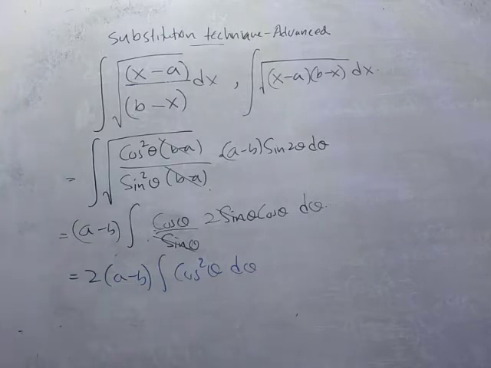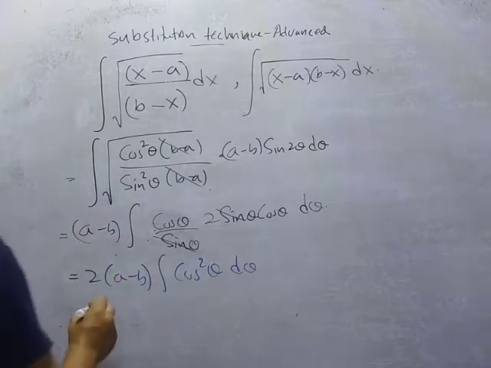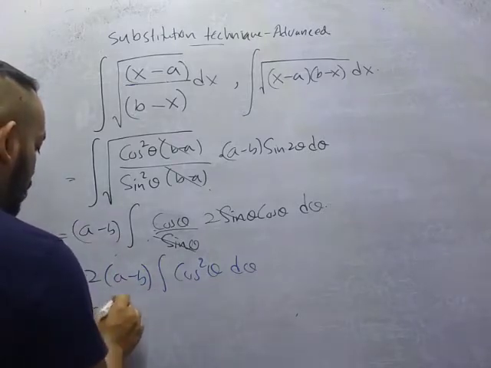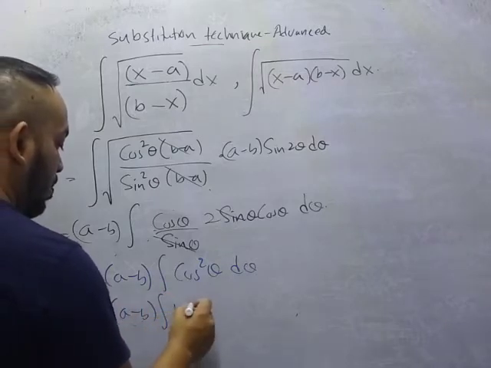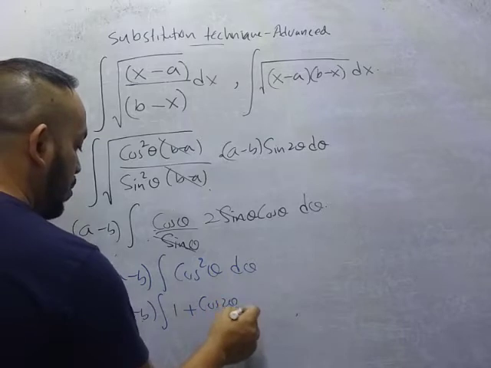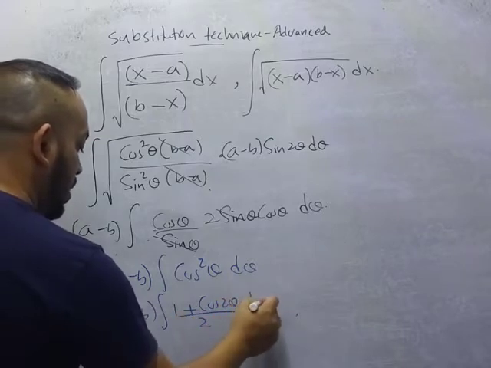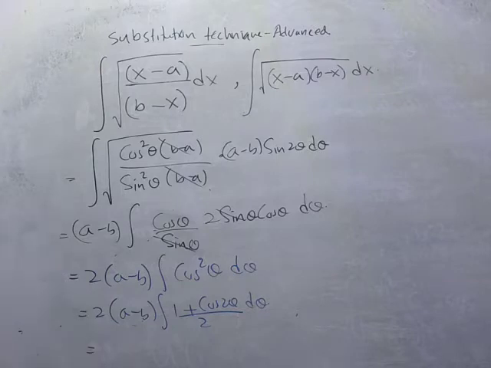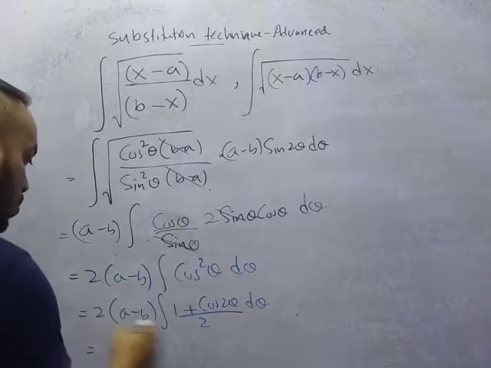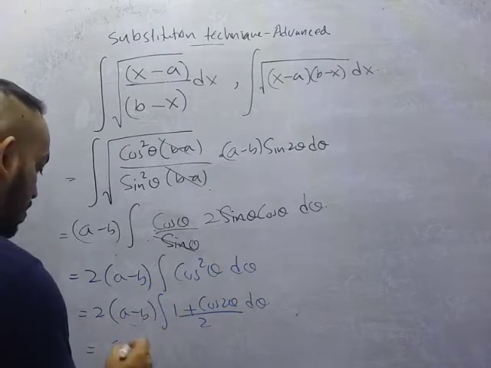Right. Now we know how to solve this one. How do you solve this one? 2 times a minus b, this is 1 plus cos 2 theta over 2 d theta. Right. Okay. So the 2 cancels out. a minus b.